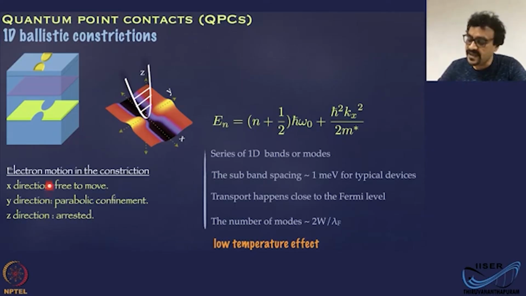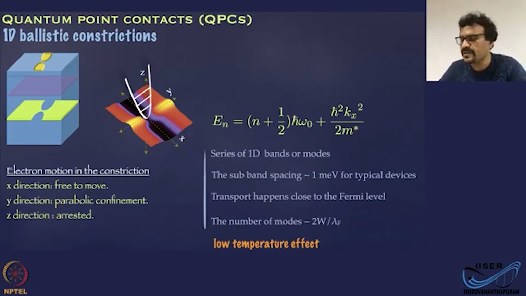So, along the x direction, that is along this constriction, the electrons can still move, but along the y direction, there is a confinement which is nearly parabolic. It may not be a perfect parabola, but you can approximate it to a parabola, which is pretty close to the practical situations, as you will see in the data in the coming slides.